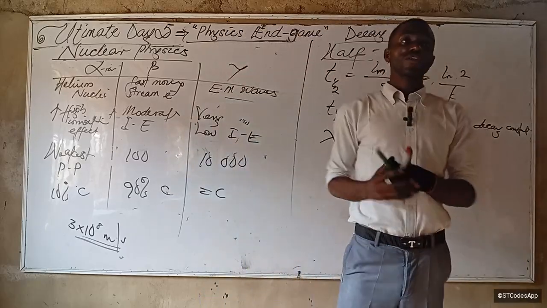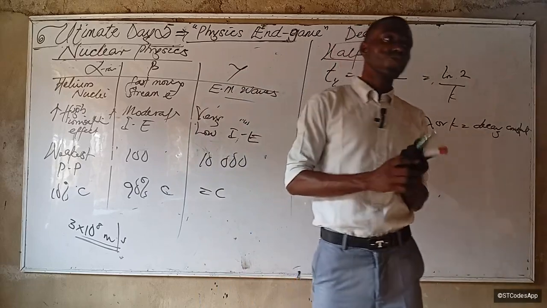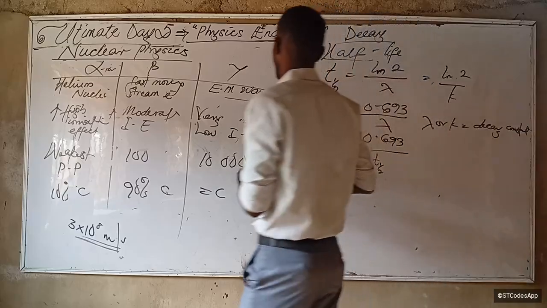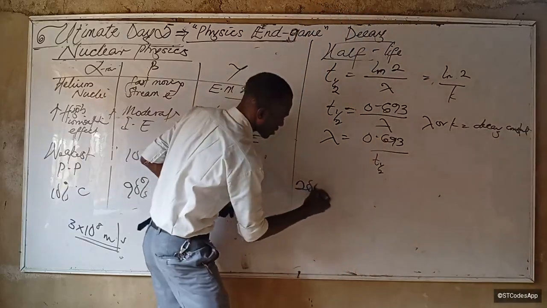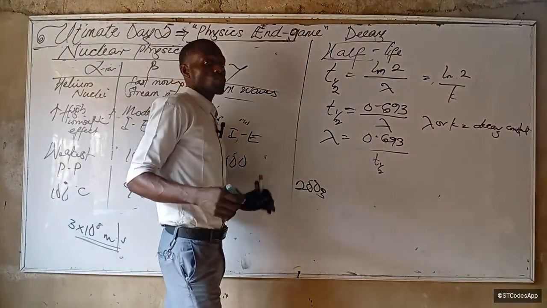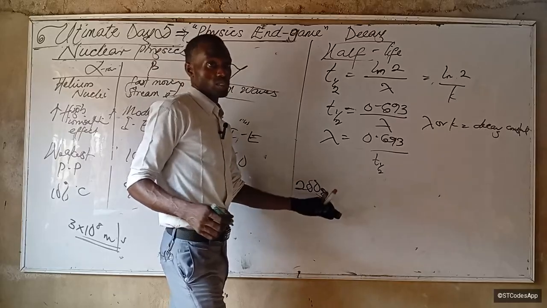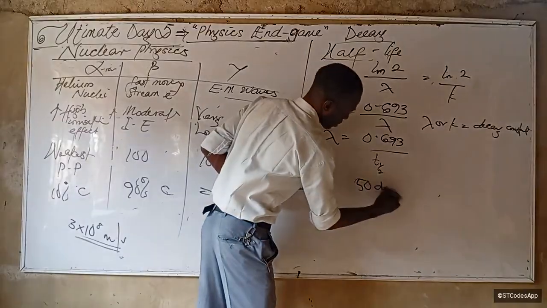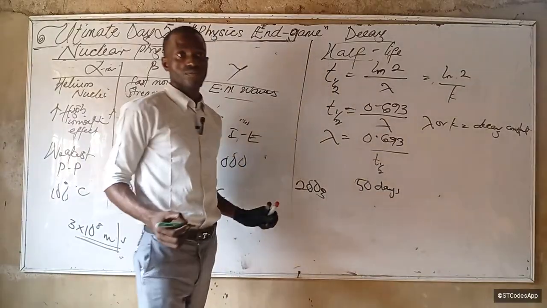Now, let me give you a question. Say 200 grams of a particular element has a half-life of 50 days to disintegrate. Are you with me?